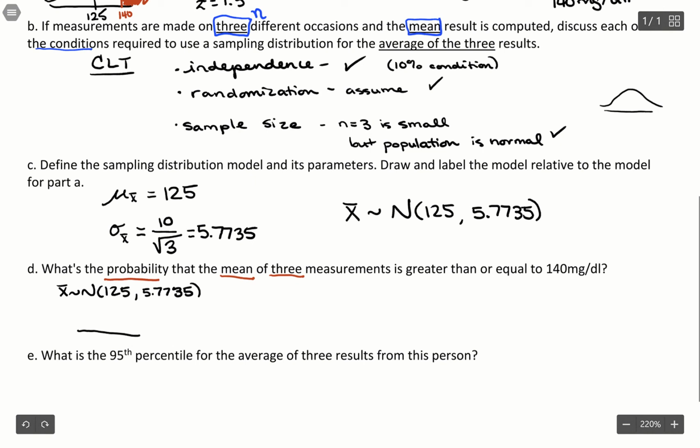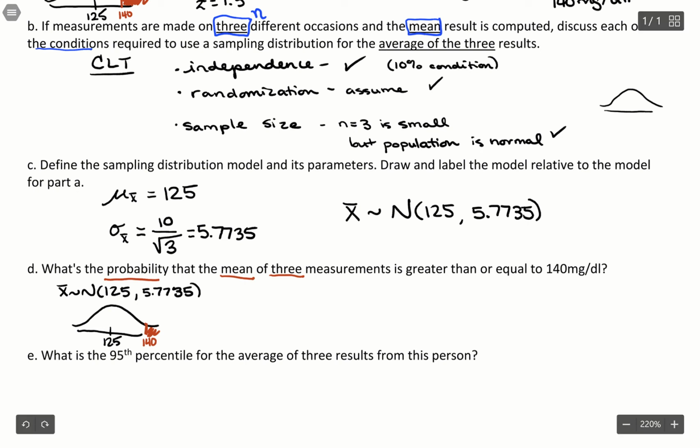And so with that, our picture is going to look kind of the same. If we set up a good number line here using standard deviations, 140 is going to be further out than it was before. So we're finding a very similar probability, but now we have a different spread to the data because of the averages.